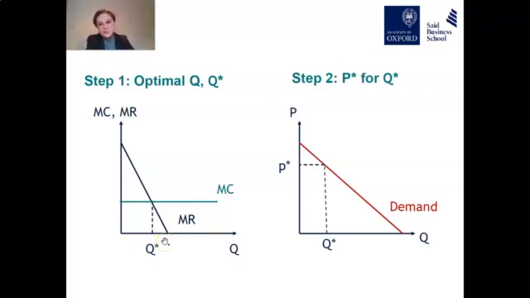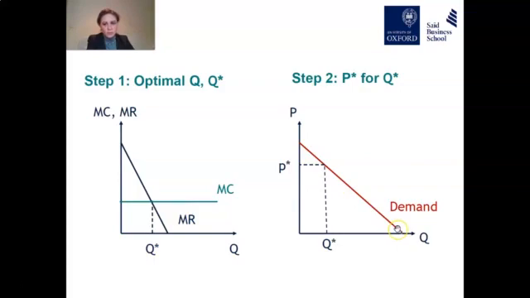But as a producer, you don't go to the market and say, this is how much I want to sell. You have to attach a price to your product to attain your target sales volume. Which means that you need to find the price. This is how much you want to sell, ideally, to maximize your profits. We need to find out how much you should be charging for your products to be able to sell that much, Q star, your target sales volume. And to figure that out, you need to look at the demand function.